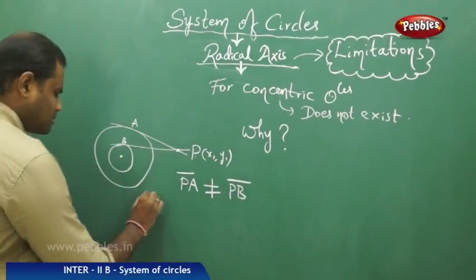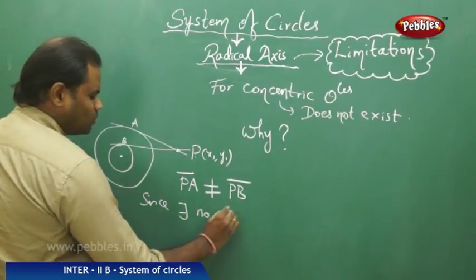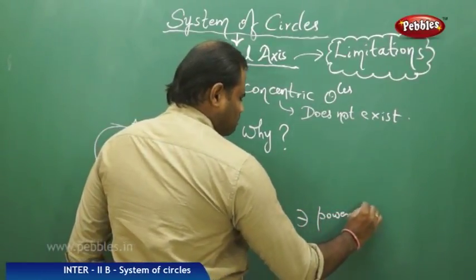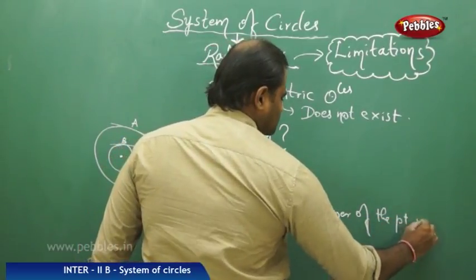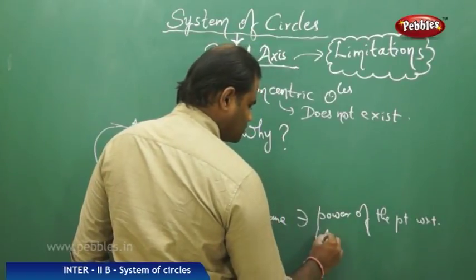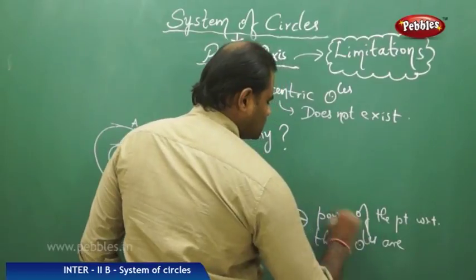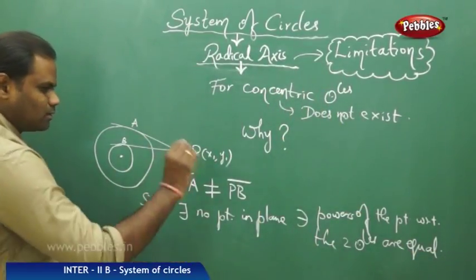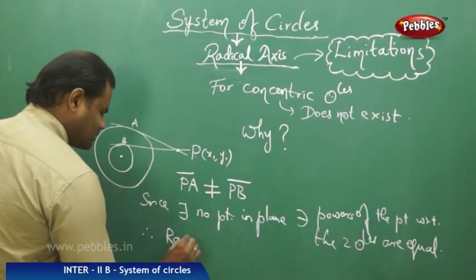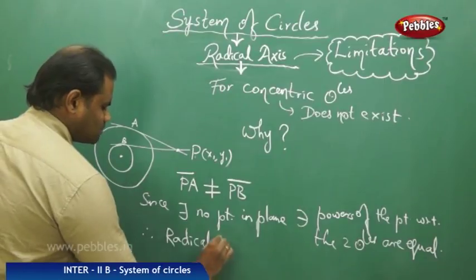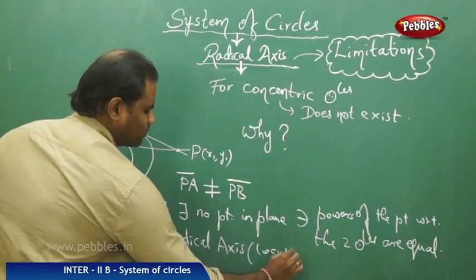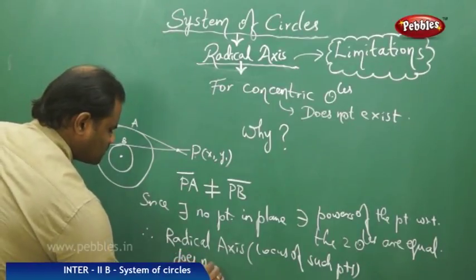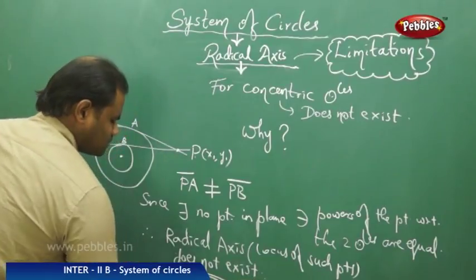And therefore, since there exists no point in the plane such that the powers of the point with respect to the two circles are equal, because of this reason, the radical axis, or locus of such points, does not exist.